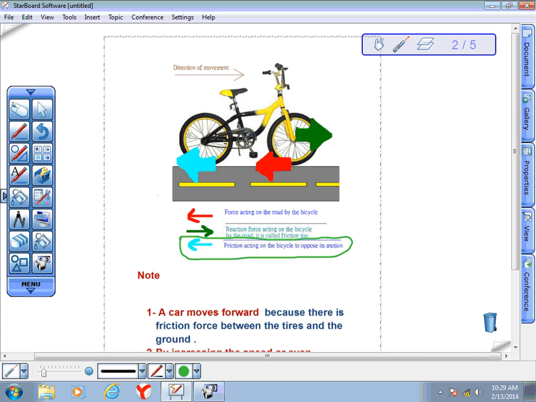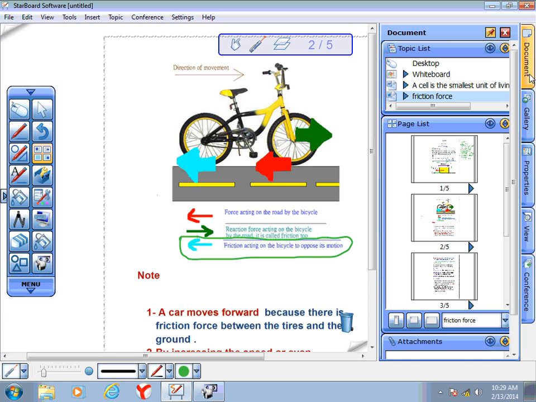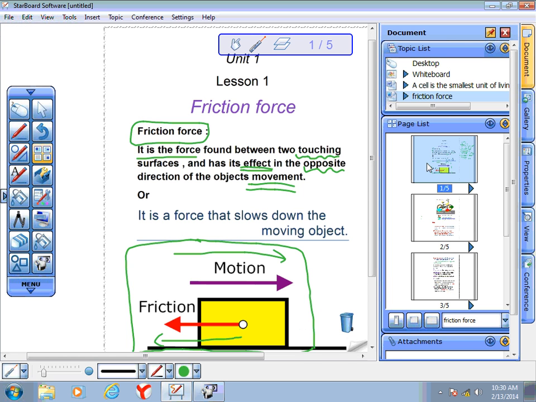So we can conclude another definition of the friction force from the last picture.